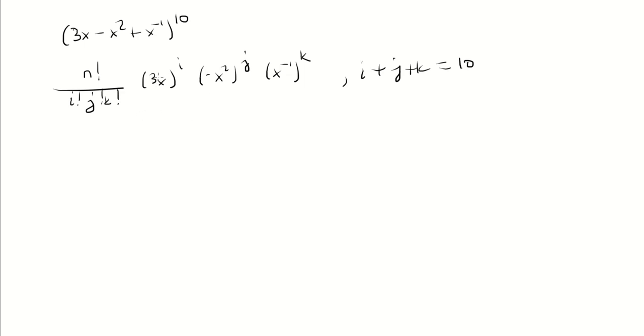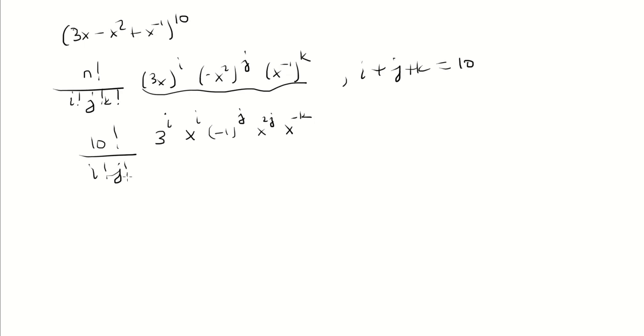So simplifying, if we just focus on this right here, we have 3 to the i times x to the i, and then negative 1 to the j, x to the 2j, because x squared to the j just multiplies the exponents, and then times x to the negative k, the negative 1 multiplied by the k, and then we'll have the 10 factorial over i factorial, j factorial, k factorial.